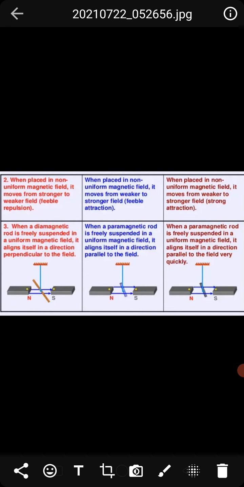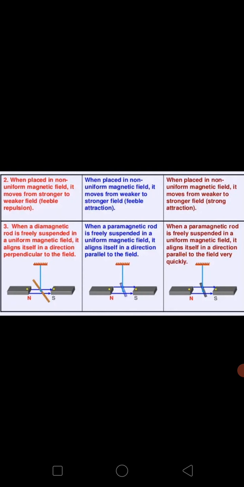Now the diamagnetic substance, when placed in the magnetic field, moves from the stronger to weaker part, because it is feebly repelled by the magnetizing field. And when the paramagnetic substance is placed in a non-uniform magnetic field, it moves from the weaker to stronger part.